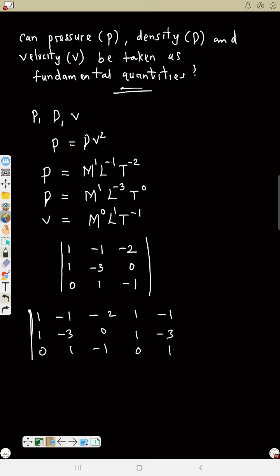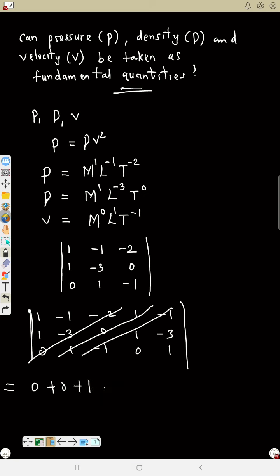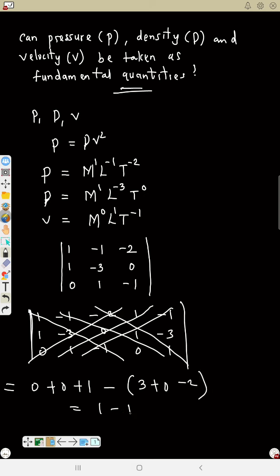So take a 3 by 3 this way. That means the determinant here is 0 times minus 3 times this, 0, plus 0 times this times this again. Then the last one, that is plus 1 times minus. Now take a 3 by 3 this way also. Plus 0 minus 2. So that means this is 1 minus 1, which is 0. Now, since the determinant is 0, these 3 terms are dependent. That's how we can prove it.